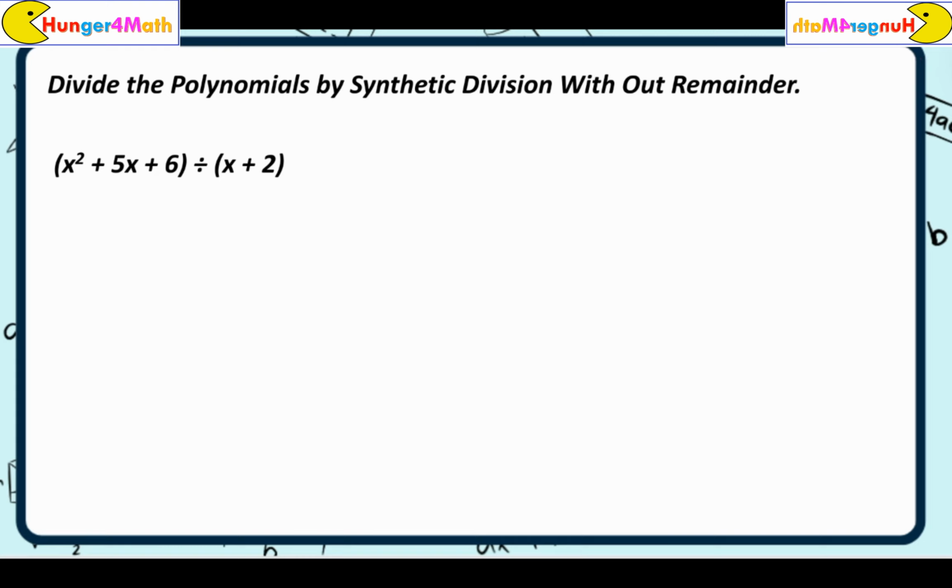Here, we divide the polynomials by synthetic division, and this example is without remainder. The given is x squared plus 5x plus 6 divided by x plus 2. For our divisor, the c here is plus 2, and the inverse of that is negative 2. Then we're going to draw the line for the synthetic division.